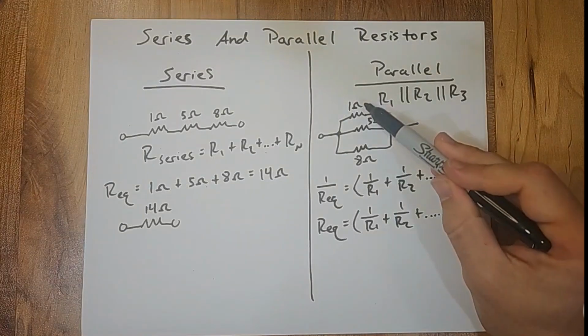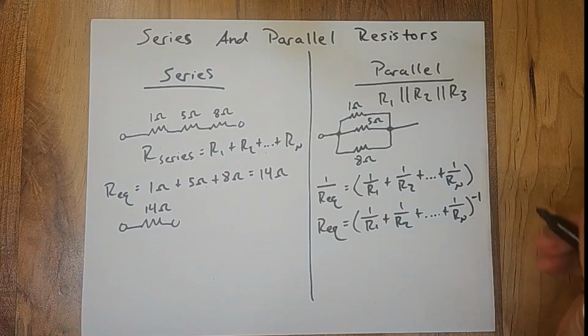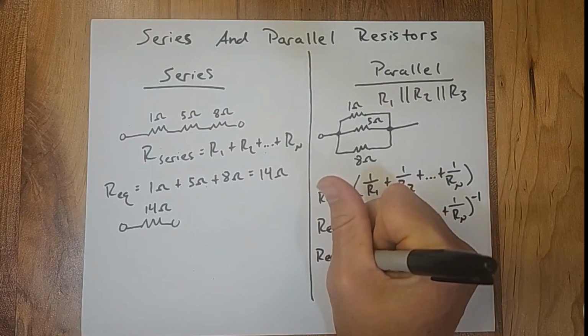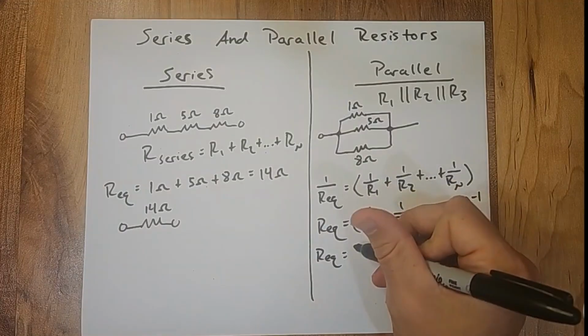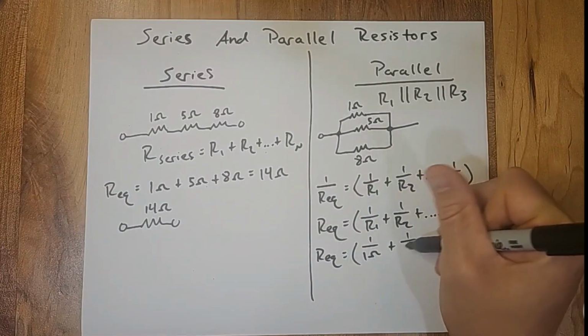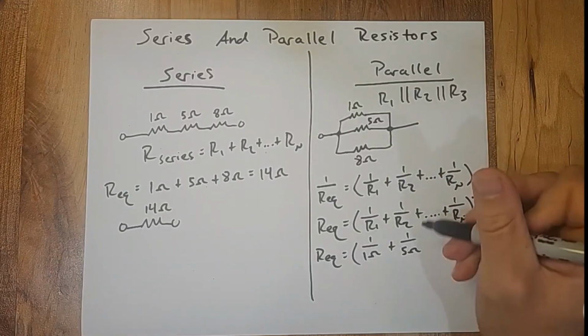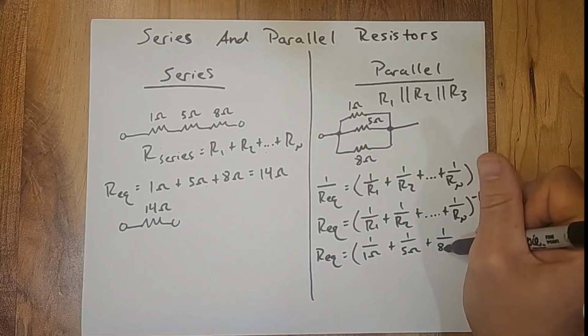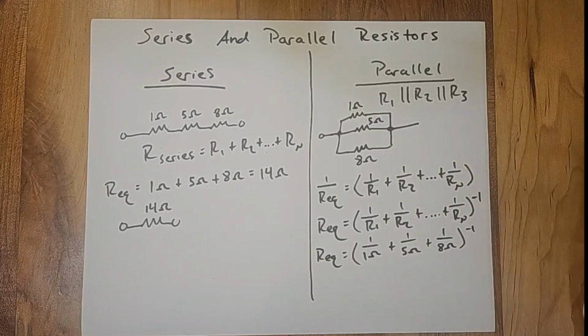So let's do that with our 1, 5, and 8 ohm resistors. That's going to be 1 over 1 ohm plus 1 over 5 ohms plus 1 over 8 ohms, raised to the -1. Let's just do some basic simplification. So 1, 5, and 8 on the bottom of these fractions. We know that we're going to have a denominator of 40 to make everything equivalent.